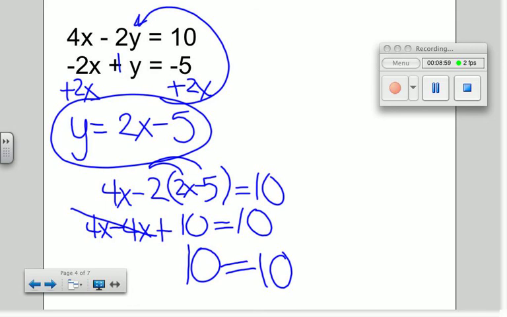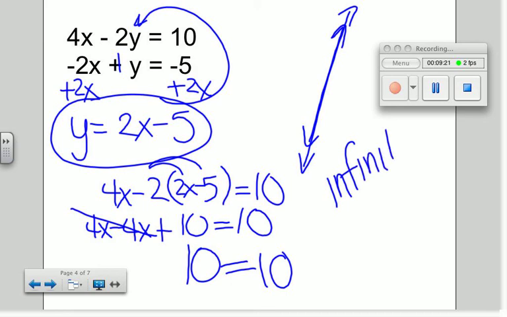If this happens, you have two lines with the exact same slope and also the exact same y-intercept. These lines are identical. They lie on top of one another. So they're going to have infinite solutions.